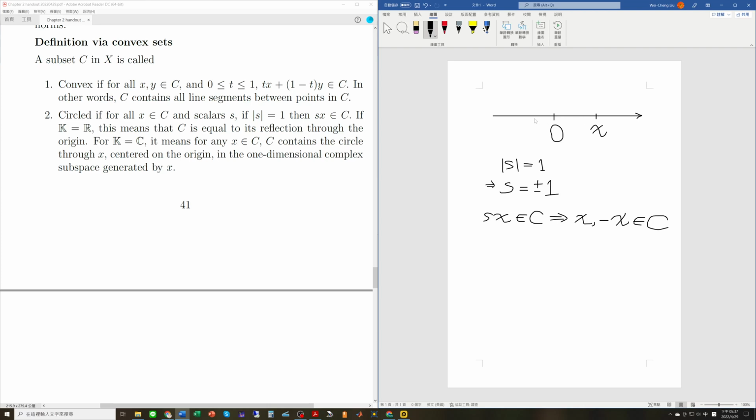For example, x is here, and there is another point which is a reflection of x, which is minus x.